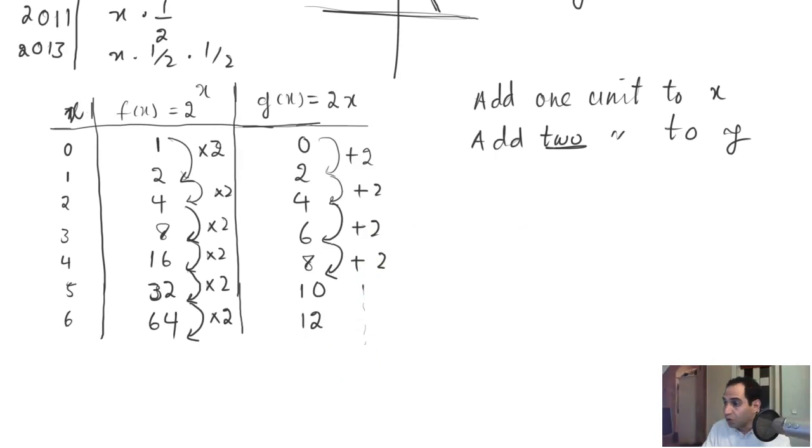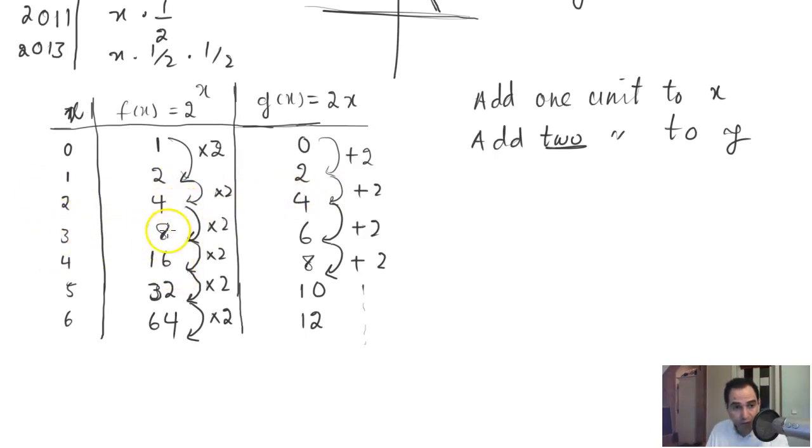So now let's go over here. This is actually a good example. And it says, from table 2, being basically this table, we can infer that for these two functions, exponential growth dwarfs linear growth. So that basically means that for up to, let's say, x is equal to 2, your outputs are more or less the same.